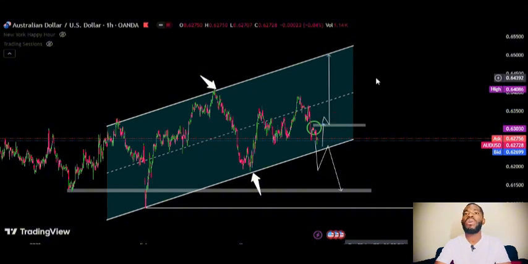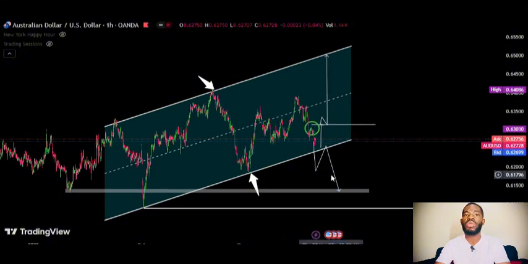Inside the flag, you can actually buy from this point if you see a confirmation. Like I've said, next week, if the price breaks below here, you can sell below the flag to this point.